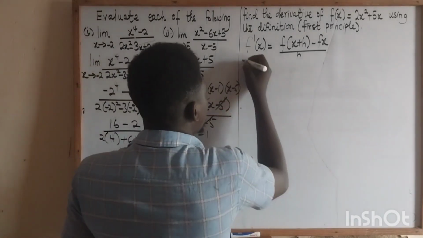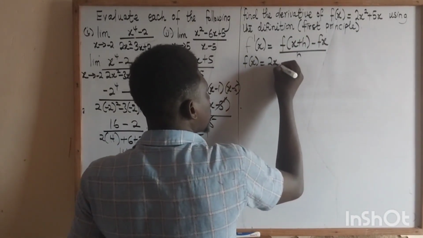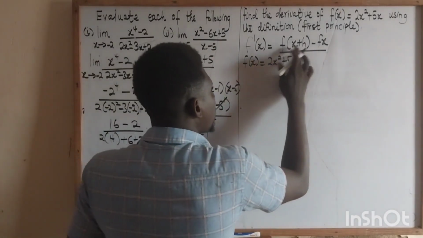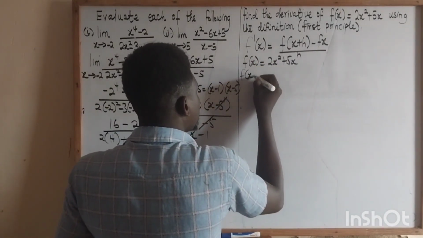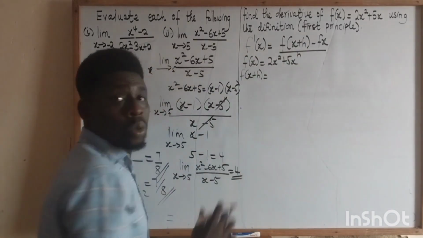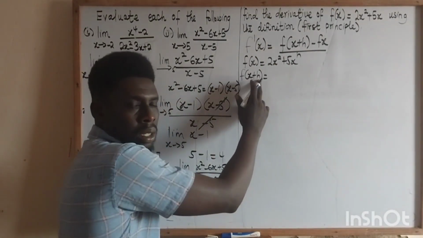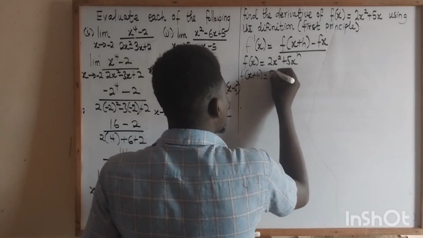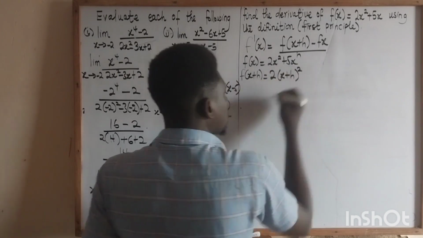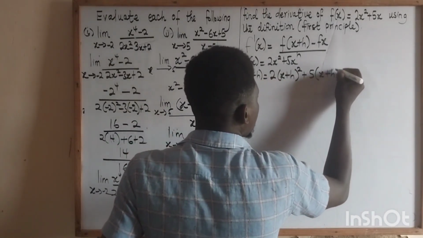So here we have f of x giving us 2x squared plus 5x. Then f of x plus h will be equal to what? Wherever we find x, we substitute in x plus h. So we are going to get 2 times x plus h squared, plus 5 times x plus h.